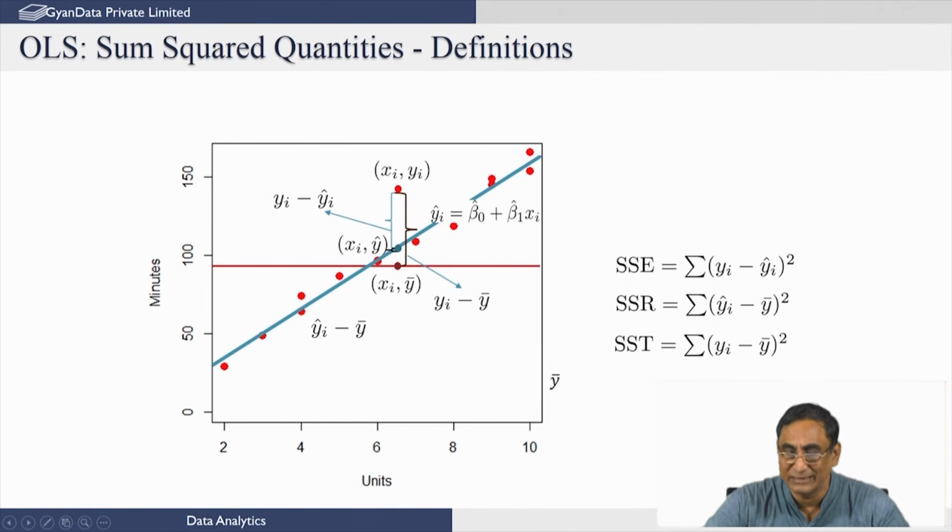All that we have not done is divide by n. If we divided by n or n minus 1, we would have got the variance of y, but this represents the sum squared errors in yi when we ignore the slope parameter. That is another way of looking at it.